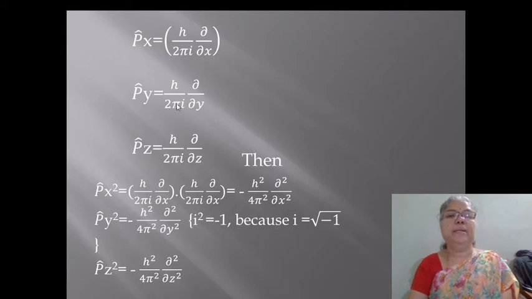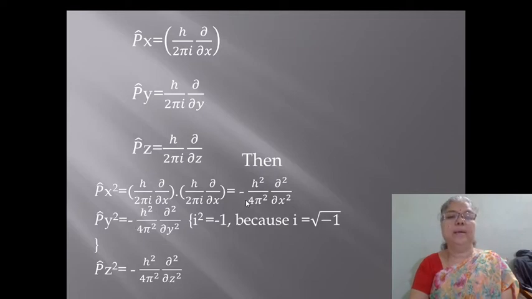The square of it gives px squared, which equals h upon 2 pi i dou by dou x times h upon 2 pi i dou by dou x, equal to minus h squared upon 4 pi squared into dou squared by dou x squared. Similarly, operator py squared is minus h squared upon 4 pi squared into dou squared by dou y squared, and operator pz squared is minus h squared upon 4 pi squared into dou squared by dou z squared.